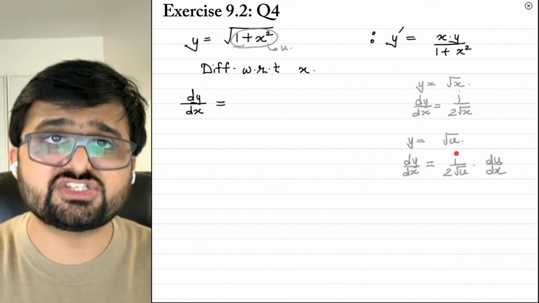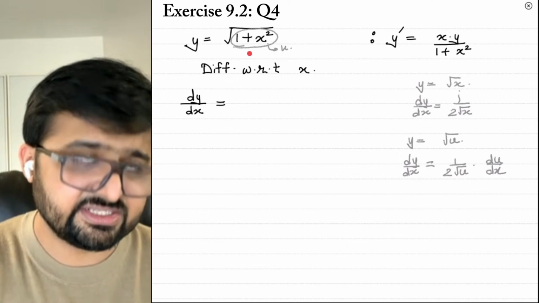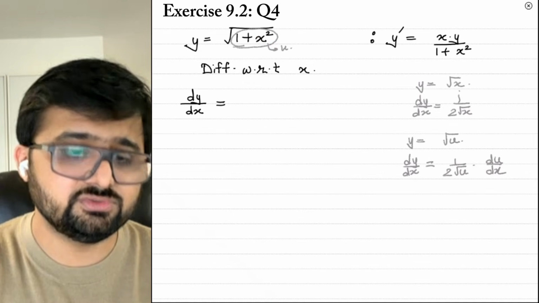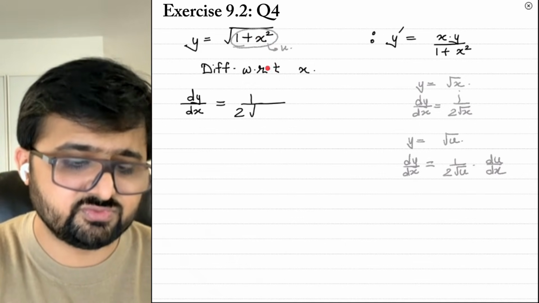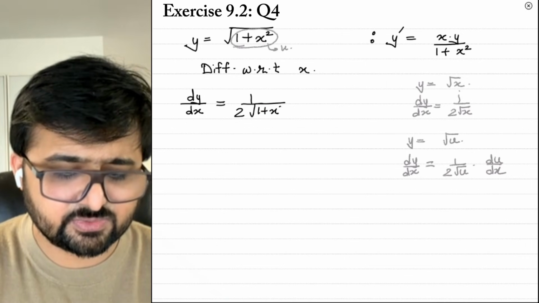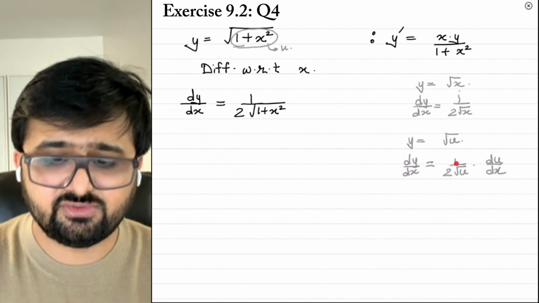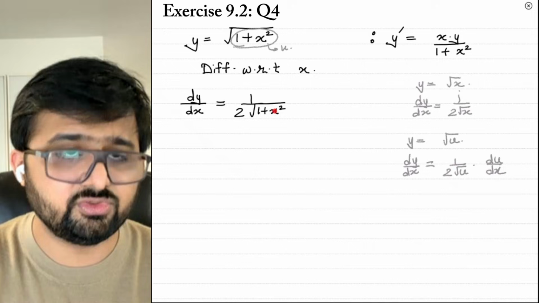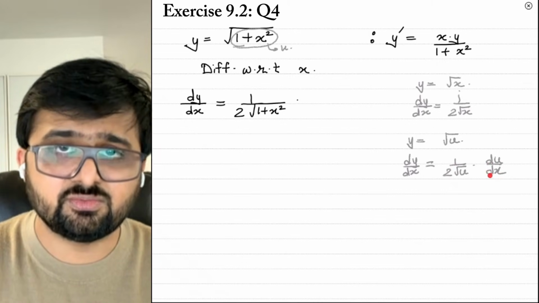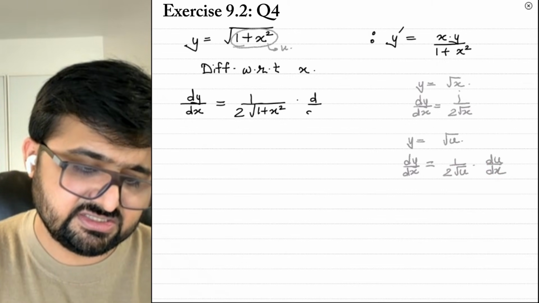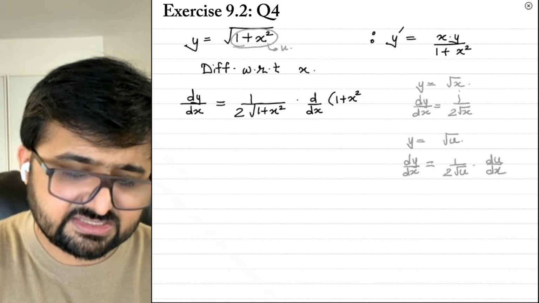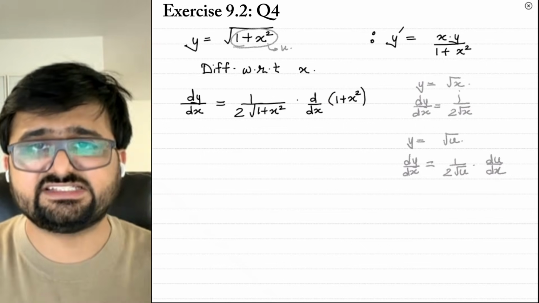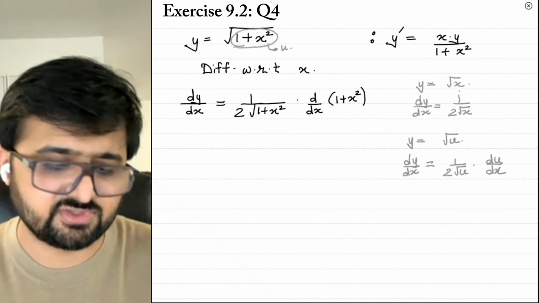So, we can apply the chain rule here and say that the derivative of this square root of u is 1 upon 2 root u, which is 1 plus x square, into du by dx, which is d by dx of 1 plus x square. I hope that makes sense. This is just chain rule in derivatives, okay?